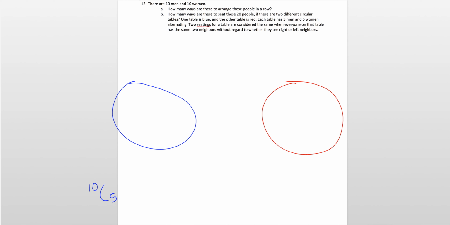For the remaining 5 men, they have no choice but to go to the red table. Similarly, among the 10 women, we need to choose 5 to go to the blue, which leaves a remainder of 5 women that will go to the red table.